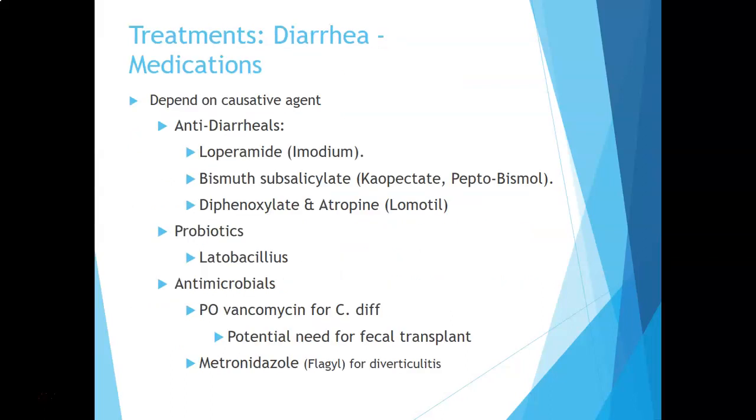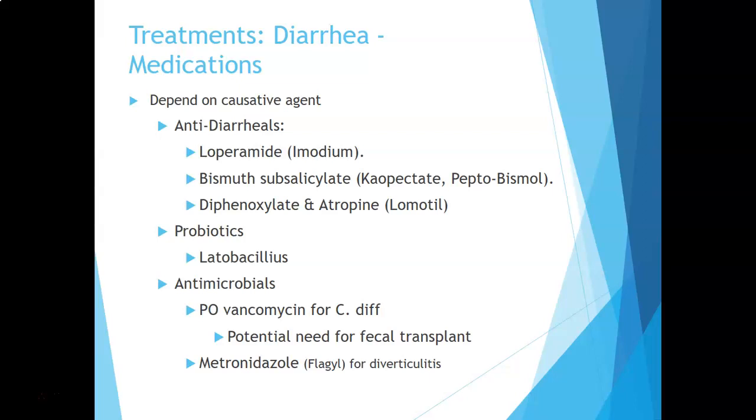So here are the medications I'm sure you've all been waiting for. Again, the treatment of diarrhea should really depend on the causative agent. So if it's just a strict diarrhea, nobody really knows why, you might see an antidiarrheal ordered to help treatment. These generally decrease motility and the propulsion and secretions in the lower GI system, overall helping to decrease fluid in the stool.